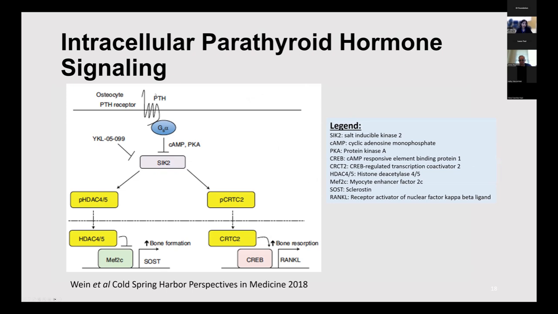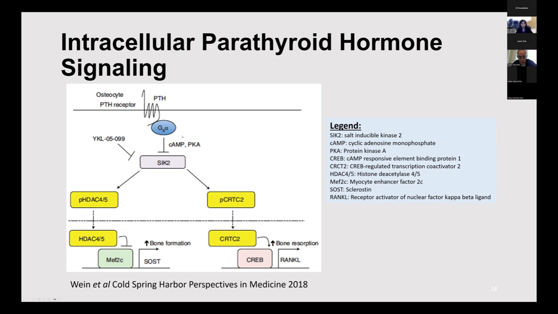And so recent studies have elucidated the intracellular parathyroid hormone signaling in the osteocytes, and through an elegant series of experiments done by Dr. Marc Wein at the MGH, salt-inducible kinase type 2 has been identified as an important link that really orchestrates the effect of PTH in both bone formation and bone resorption.